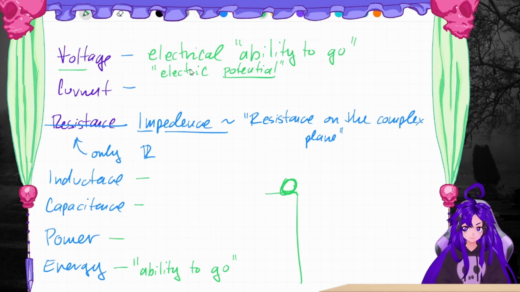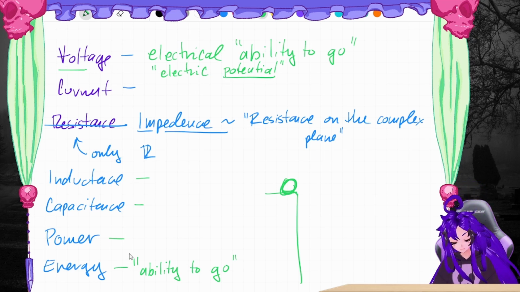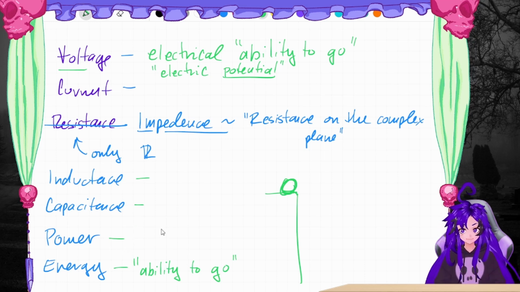So voltage is a form of energy, which is why we can get power out of it by calculating voltage times current. But what exactly is power? Well, power's the rate at which energy transfers.